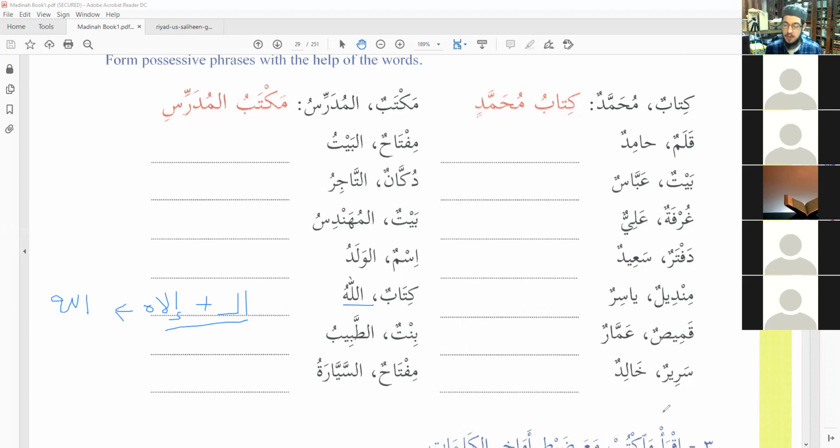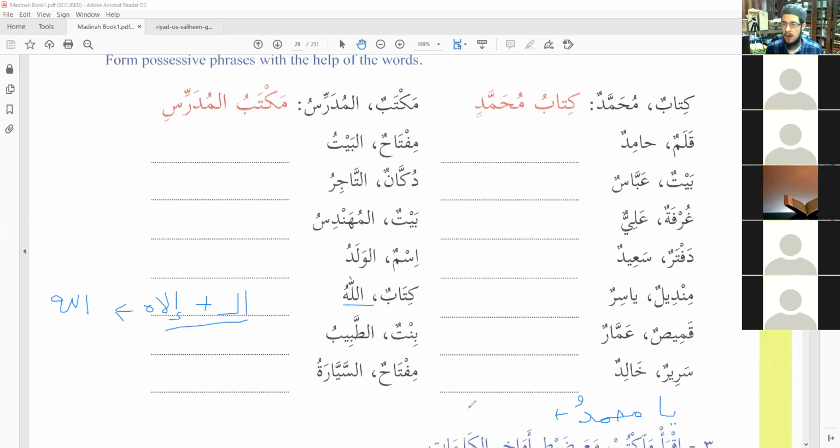And the evidence that they use is actually something we learned in this chapter. When you use ya, this is a tangent, but for those who are interested, if we say ya Muhammad, then we change it from Muhammadun to Muhammadu. There are other little funny things that happen with ya.